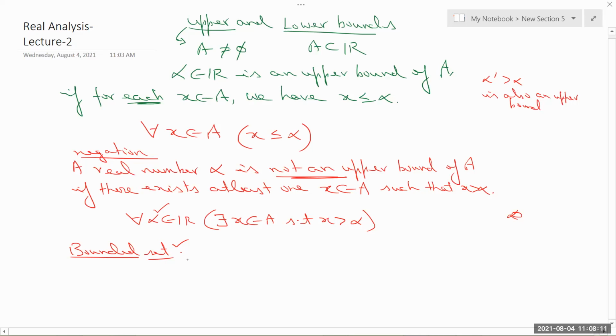Now, when we say that a set is bounded, let me write this one. Suppose A is a non-empty subset of R, where A can be equal to R or A can be its proper subset.